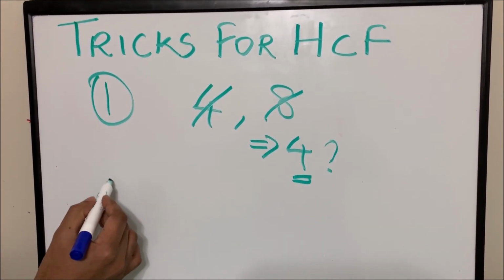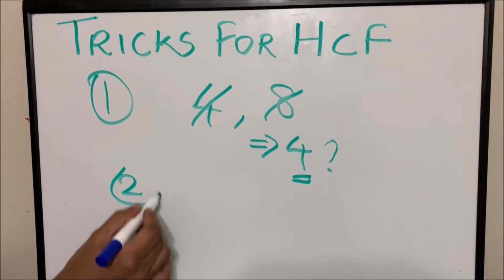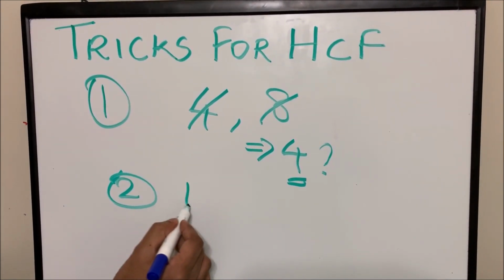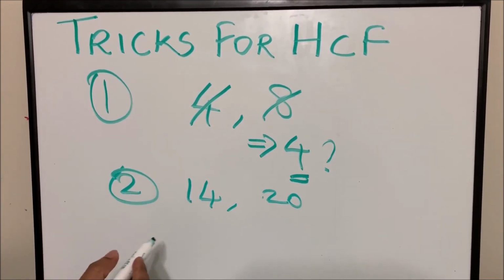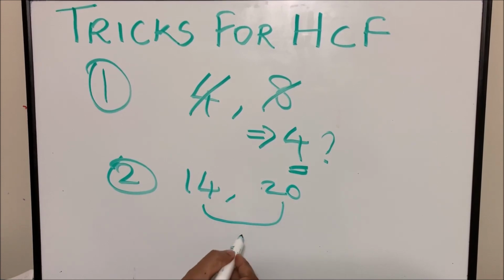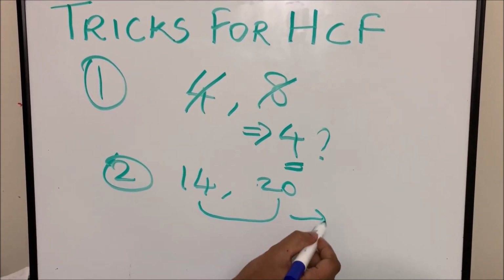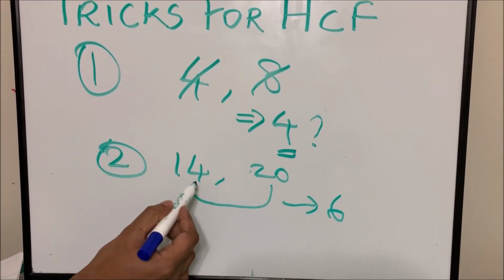Then trick number 2. Another example 14, say 20. What is the difference? 6. Is 14 divisible by 6?